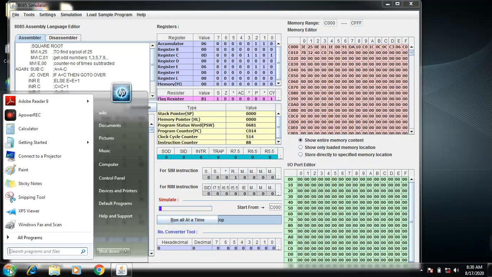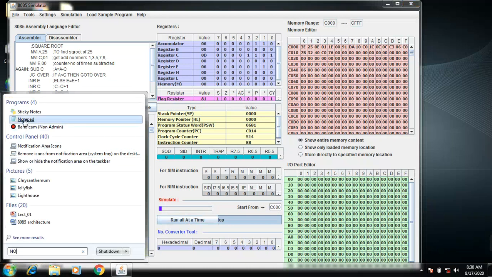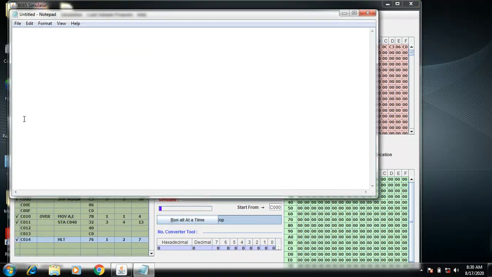Okay, next go to Notepad. Here are some exercises to find the square root of the given 8-bit data. The first data is 36.